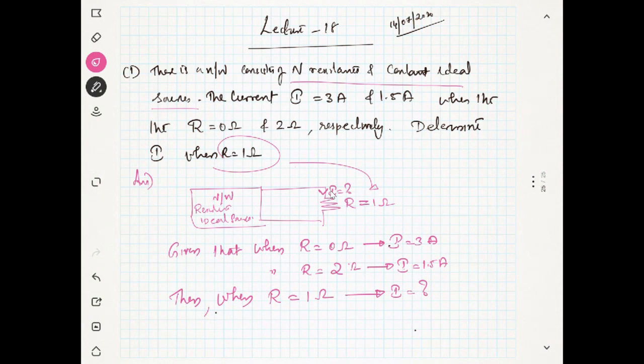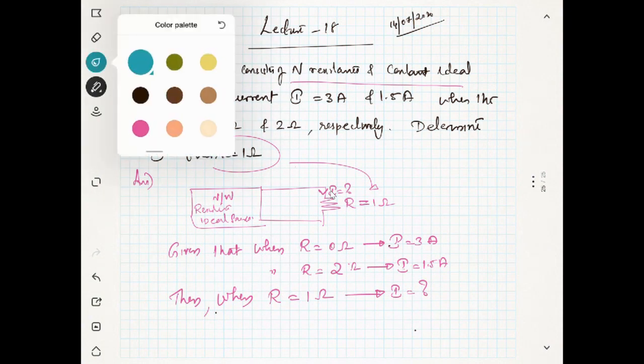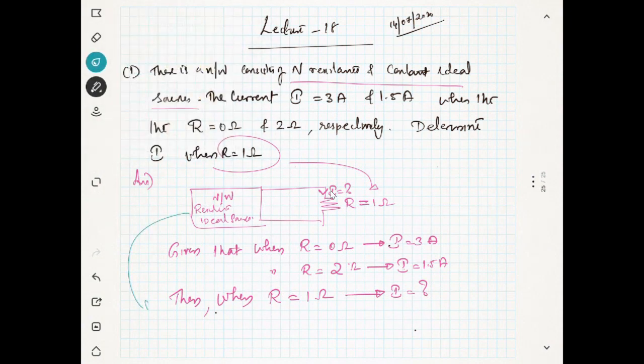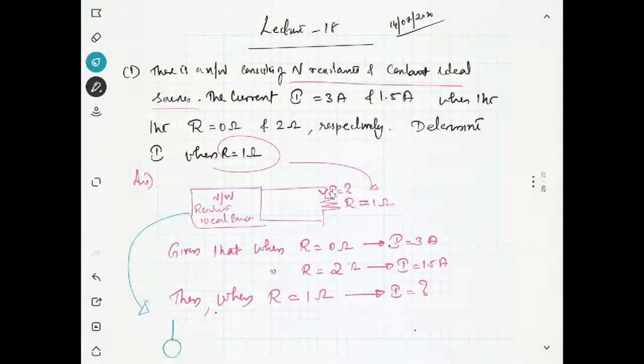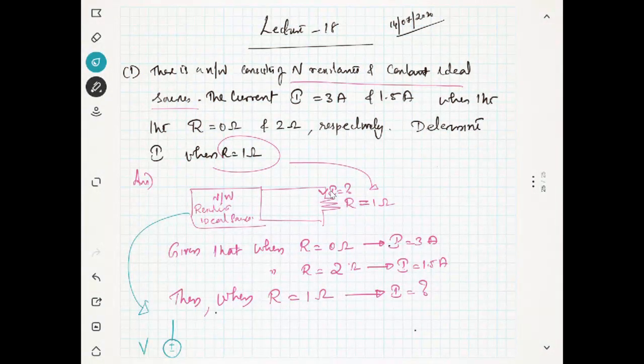Okay, so we can use Thevenin's theorem for solving this problem. So you can represent this network by using a Thevenin voltage and a Thevenin's resistance, and your R is connected here.